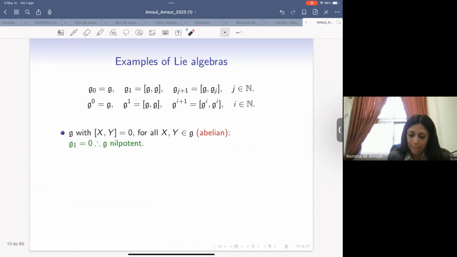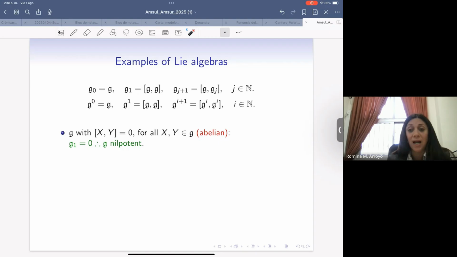And here I would like to give you some examples. In general, if you have a vector space G, and you endow this vector space with this bracket, so that for any x and y all the brackets are zero, this is a Lie algebra, and this ideal is going to be zero.